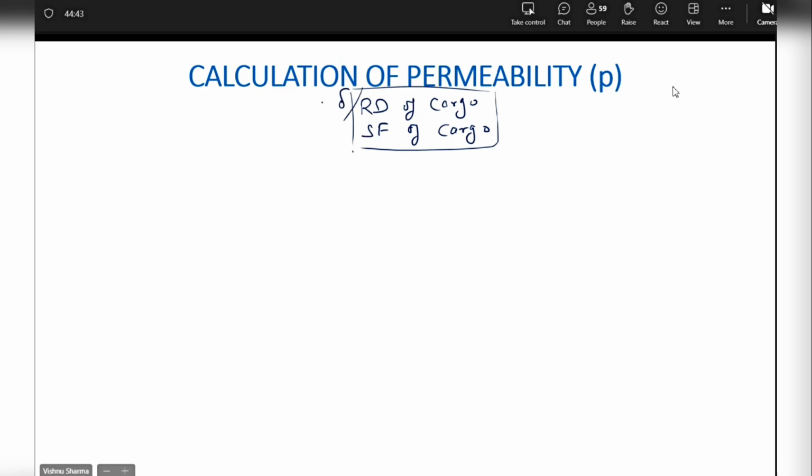Now, what is the density? Density of the cargo, let's say, is 0.9 tons per cubic meter. What does it mean? That 1 cubic meter of cargo weighs 0.9 tons.